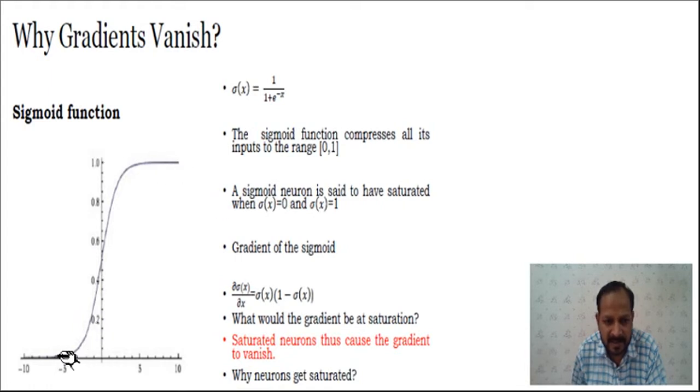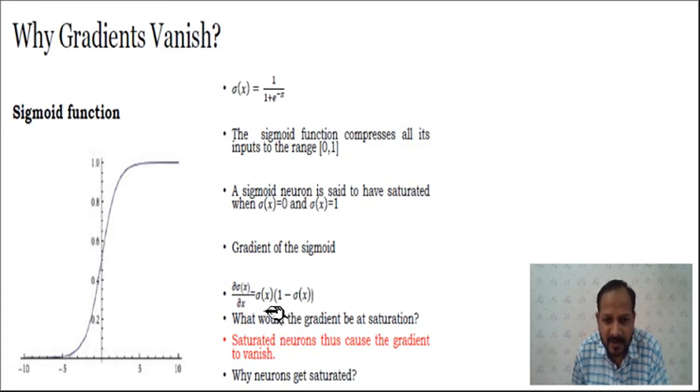A similar case is with 0: when the value of sigma x becomes 0, the gradient will become 0 because of this sigma x. At the same time, suppose the value is 0.6. Then sigma x is 0.6 into 1 minus 0.6, which is 0.4.